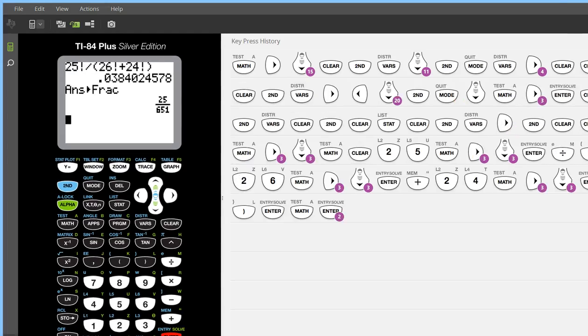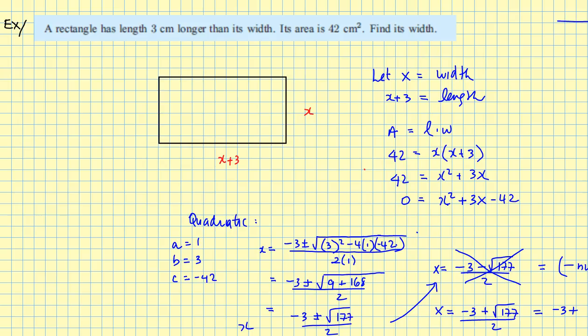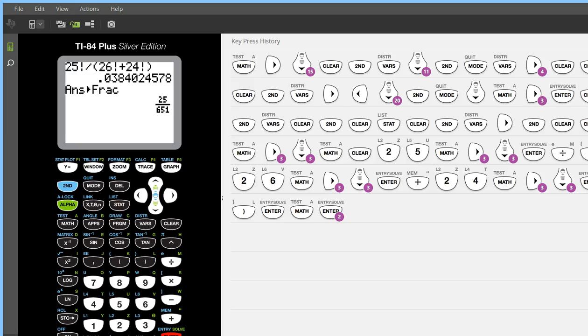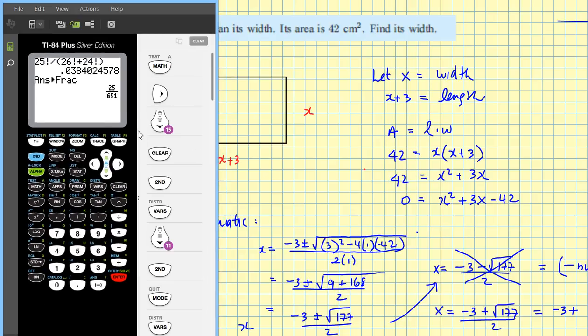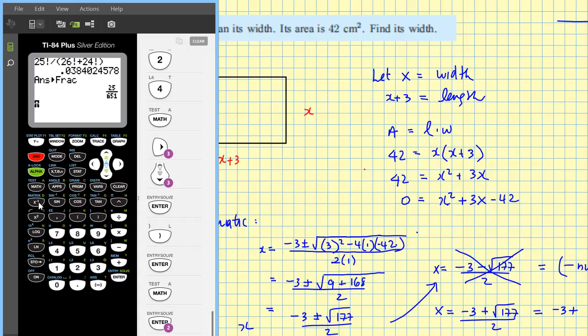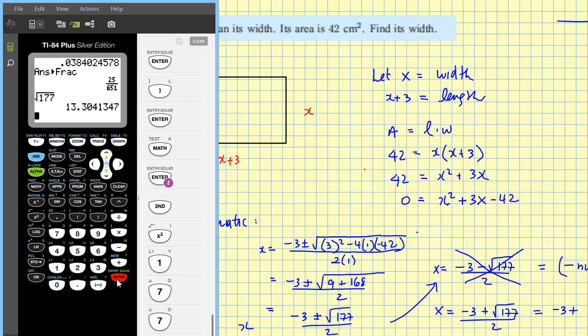I can take the square root of 177, enter, it's 13.3, and I would subtract 3 from that.